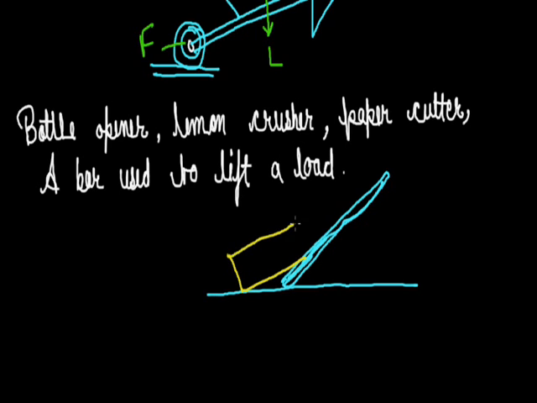Suppose this is the load. In this condition, we apply effort from this side, and this point, the contact point of the bar and ground, will act as the fulcrum, about which the bar will move, and this point will act as the load. So in this condition, again the load is in between fulcrum and effort. So this is also an example of second class lever.